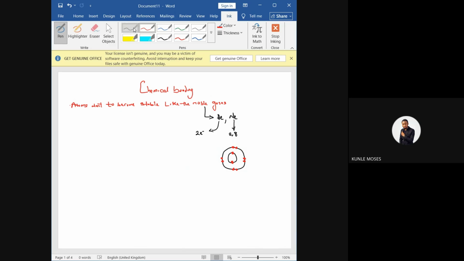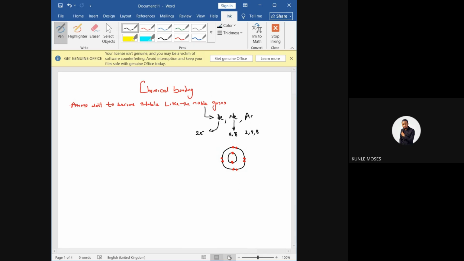For the first 20 elements, for your level, the last one is argon, right? Argon is 2,8,8 because it is atomic number 18, the 18th element in the periodic table.